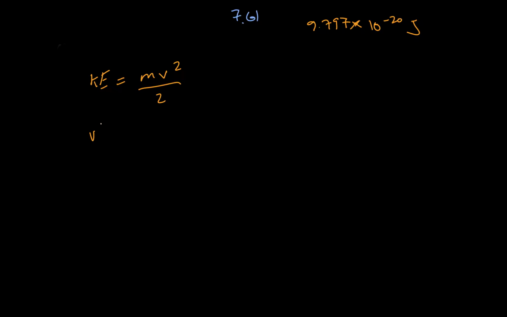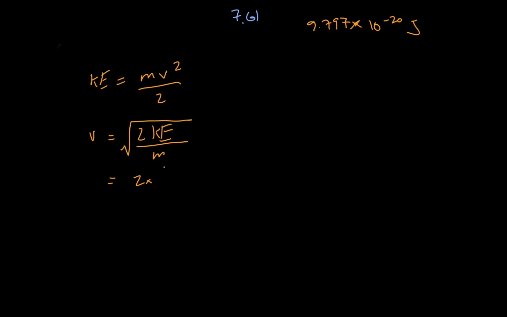So velocity, in this case, we're going to multiply the kinetic energy by 2, divide it by mass. That isolates this, and then take the square root of the whole thing. So the square root of 2 times the kinetic energy divided by mass gives us velocity. All right, I feel much better already.